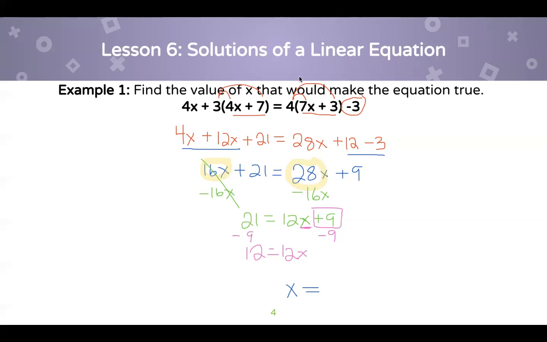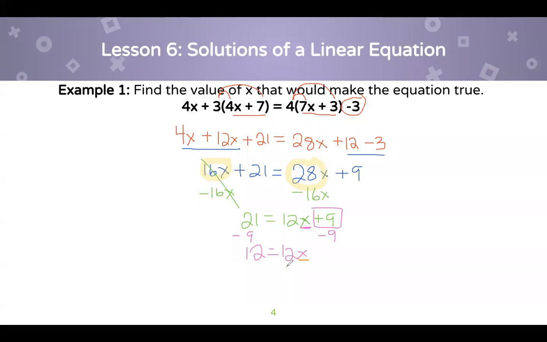After we undid that addition or subtraction, I still want to get this x alone. Since 12x means 12 multiplied by x, I need to do the opposite, which is division. So I'm going to divide both sides by 12.